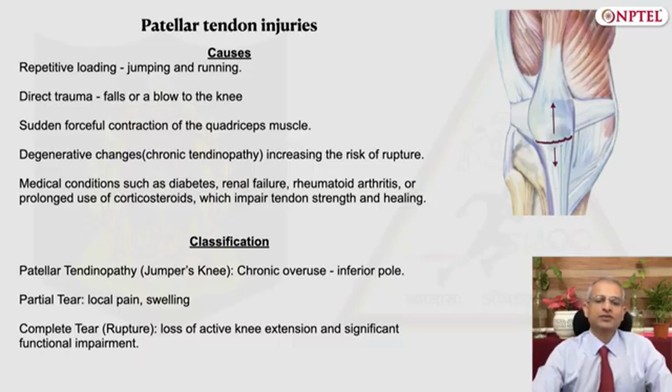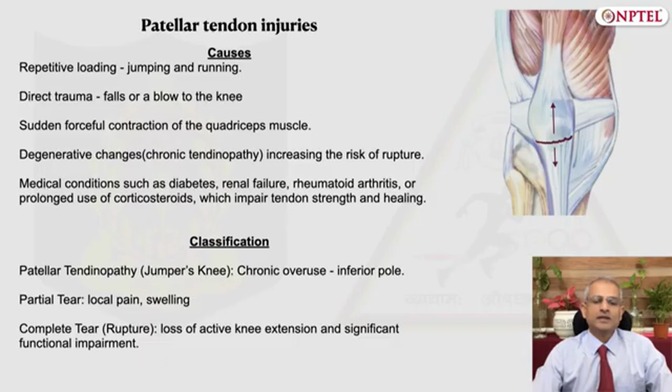The usual causes for these injuries are, as I have already said, forceful eccentric contraction of the quadriceps, as seen in jumping, sprinting, and kicking. Direct trauma, as seen in falls, or blunt injury to the knee, or lacerations, or penetrating trauma to the knee, as happens in road traffic accidents.